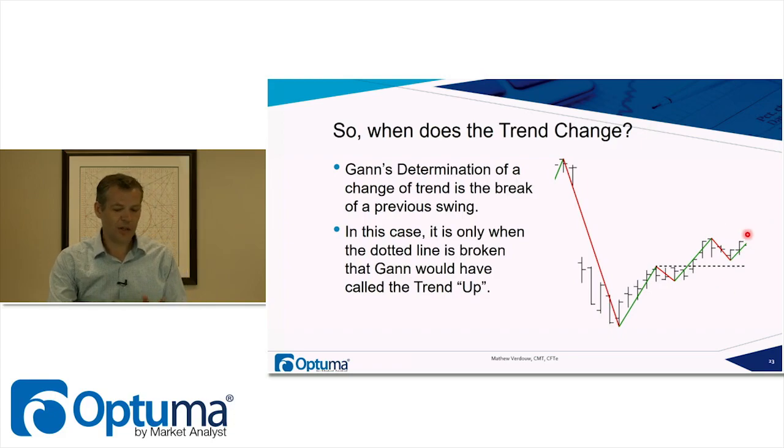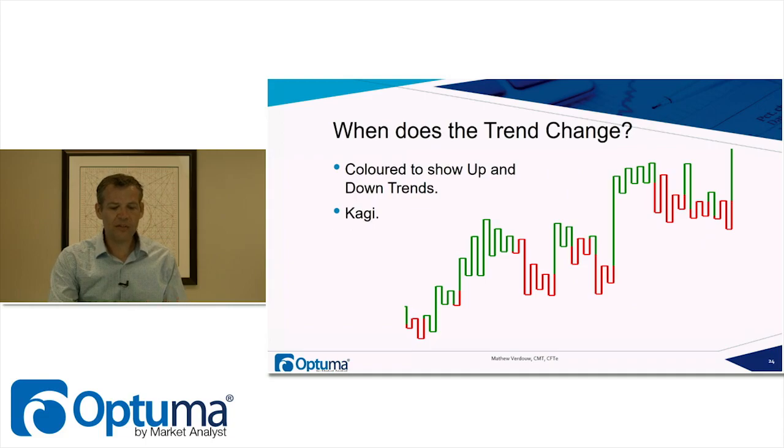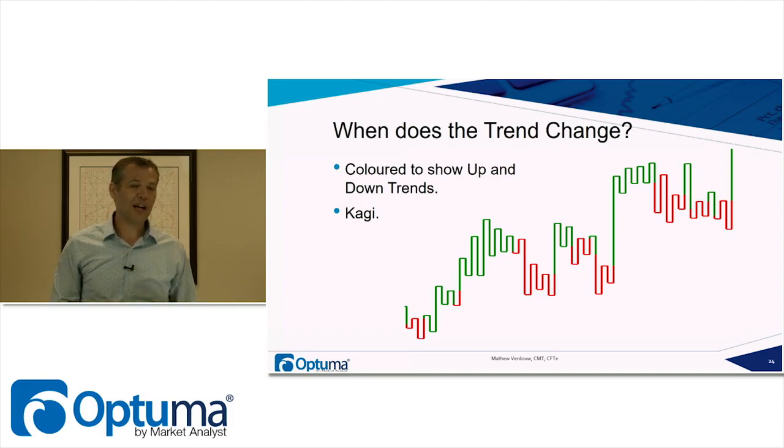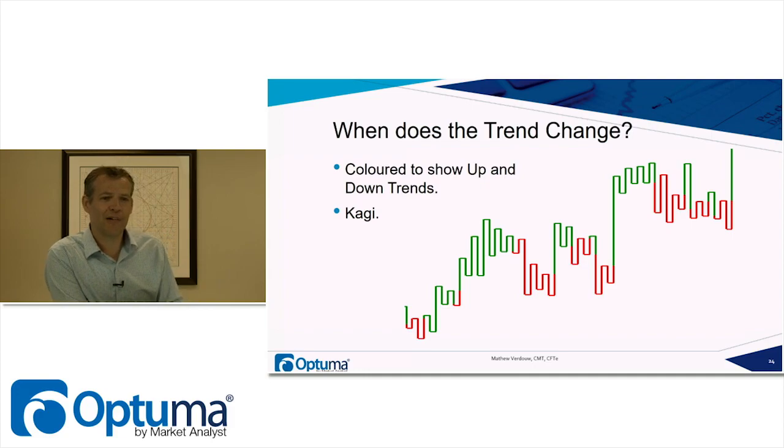And then continuing on. Now this is an example of the KG charts in Optima. KG charts, again, a swing style chart, use points and percent rather than bar relationships, but it colors it exactly. I actually want to create this color scheme for all of the swing charts, just one of those projects that I've got to get around to.